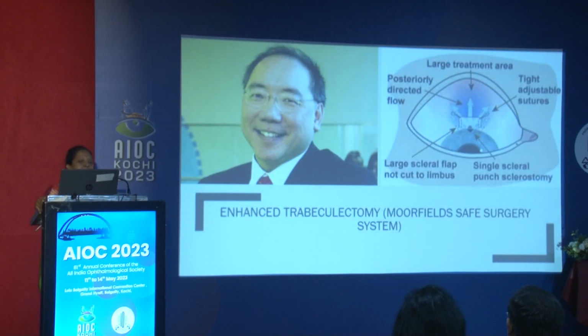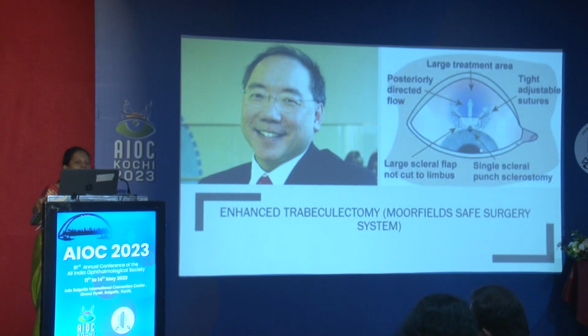So Dr. Peng T. Khaw, from Moorfields, introduced the Moorfields Safe Surgery System, also called the enhanced trabeculectomy, because with the use of mitomycin there were more complications like bleb leaks, polycystic blebs, and dysaesthetic blebs.